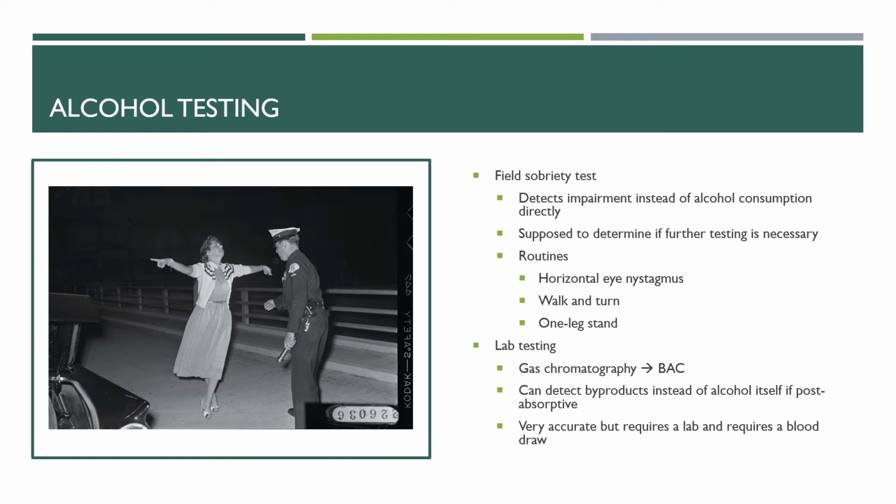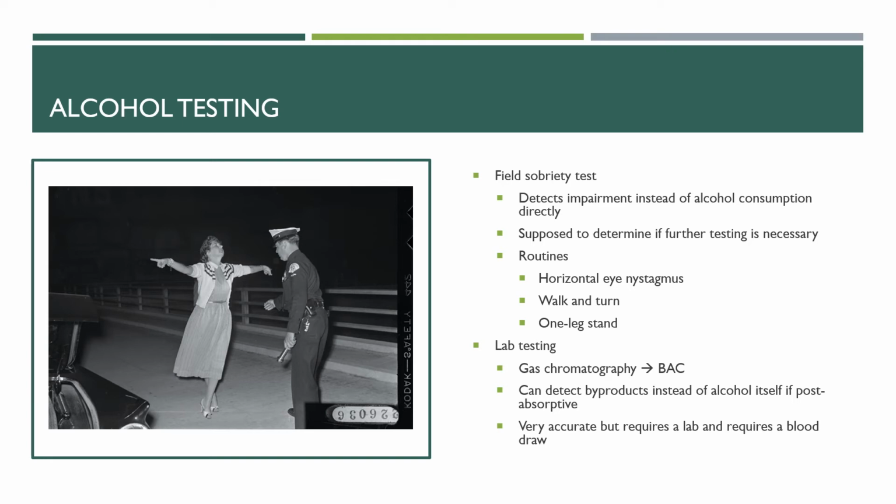It can also detect byproducts of alcohol in addition to the alcohol itself. So if somebody has finished drinking a couple hours ago but is still drunk, they might pass a breathalyzer. They may or may not pass the field sobriety test. A lot of their alcohol might be broken down by now, but their brain is still affected by having consumed alcohol.